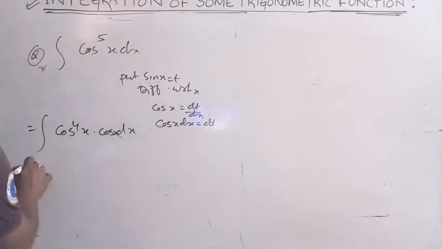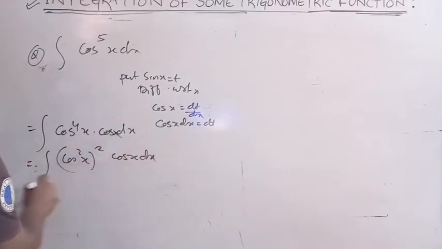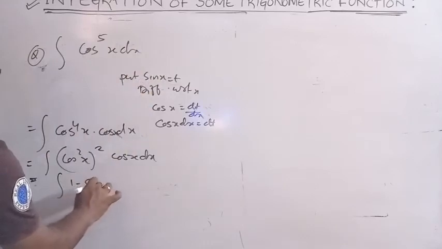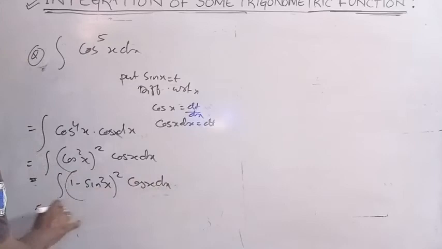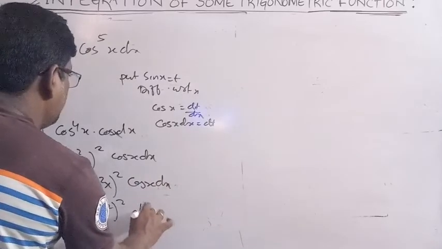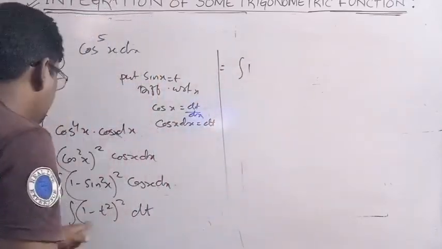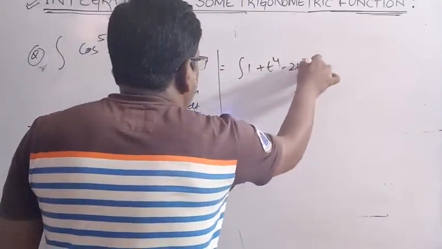So this can be written as cos square x whole square into cos x dx. We have to convert it into sin because sin x is equal to t. So 1 minus sin square x whole square into cos x dx. This is equal to 1 minus t square whole square dt. Now a minus b whole square: 1, plus t fourth, minus 2t square, into dt.